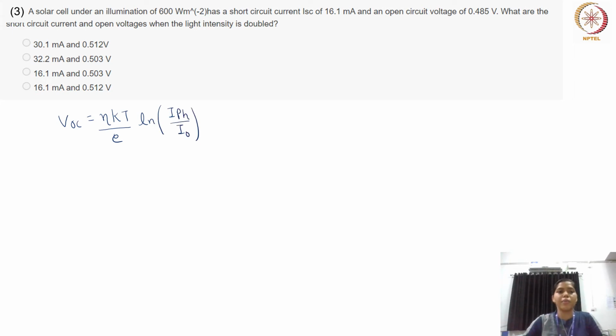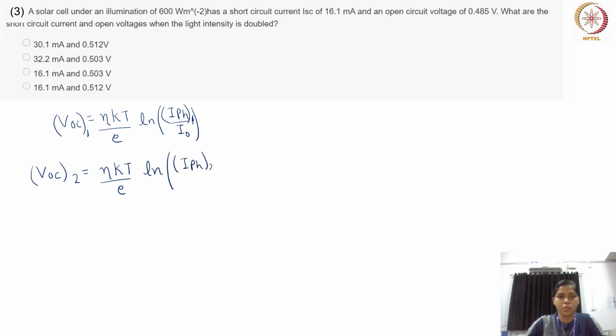Let's say for this particular illumination we call it VOC1, and this is my IPH1. Similarly, at the second illumination condition, we can write the expression of VOC2 equal to eta KT by E, all constant, and then ln of IPH2 divided by I naught.